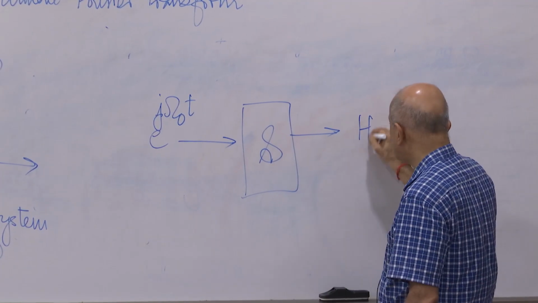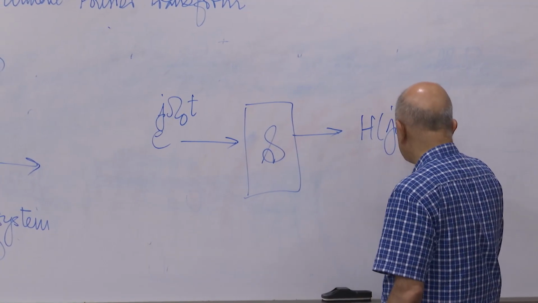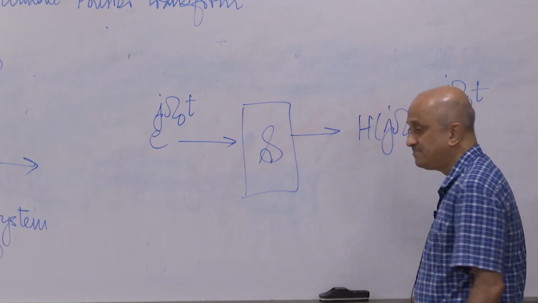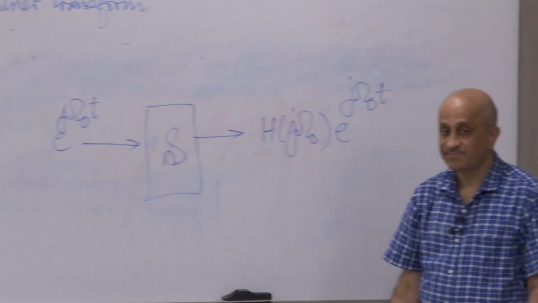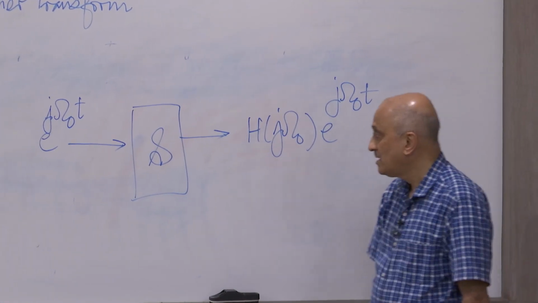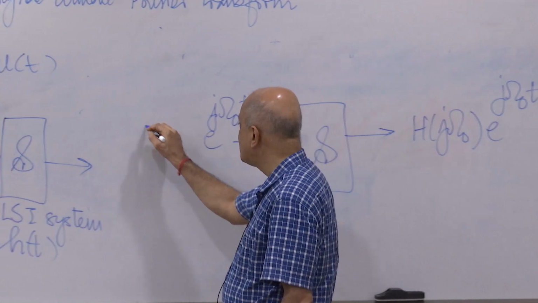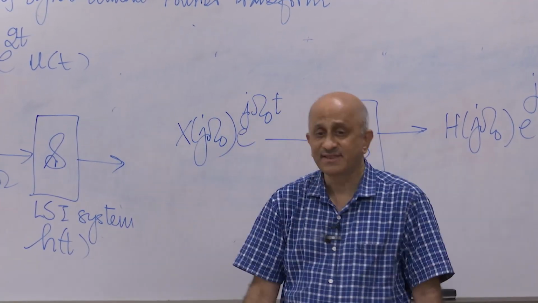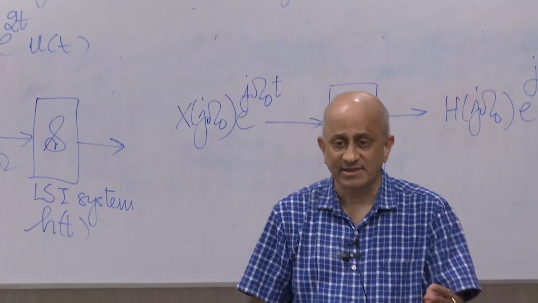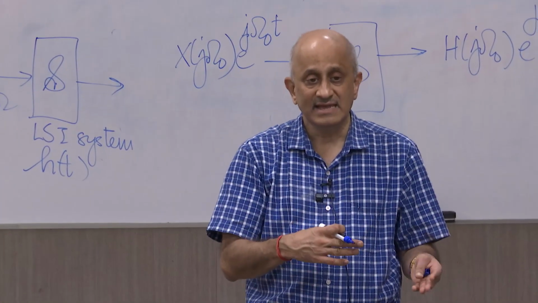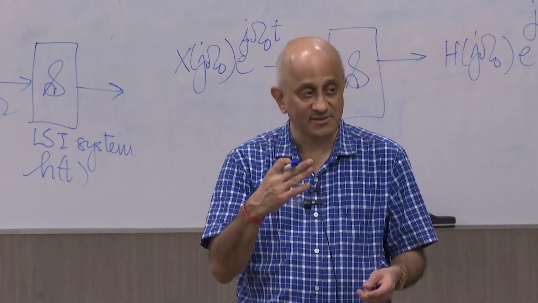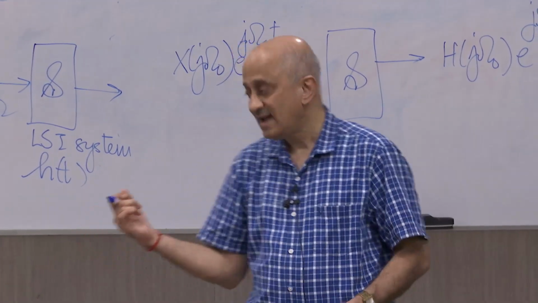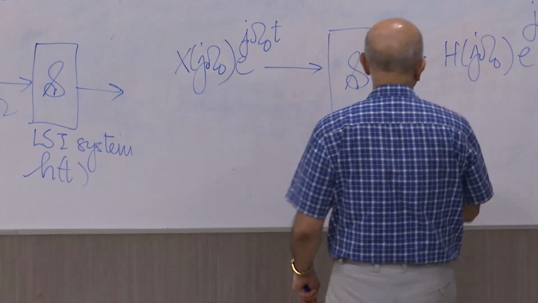H of j omega naught times e raised to the power j omega naught t, right? We saw this. X of j omega naught is a complex constant. So, you're multiplying e raised to the power j omega naught t by X of j omega naught. What would emerge now because of linearity? X of j omega naught times this.